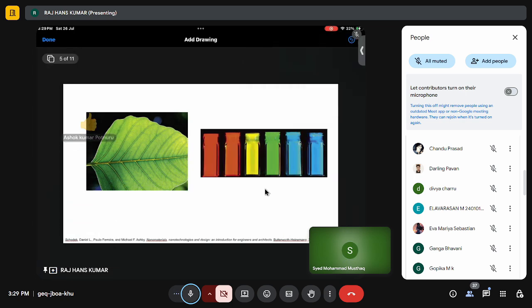Now, the left one shows the leaf, and in the leaf you have chlorophyll and then you have chloroplast. Now how do they work? Whenever you have a small material, for example if my surface got reduced, so this, for example, is in the 10 nanometer range.